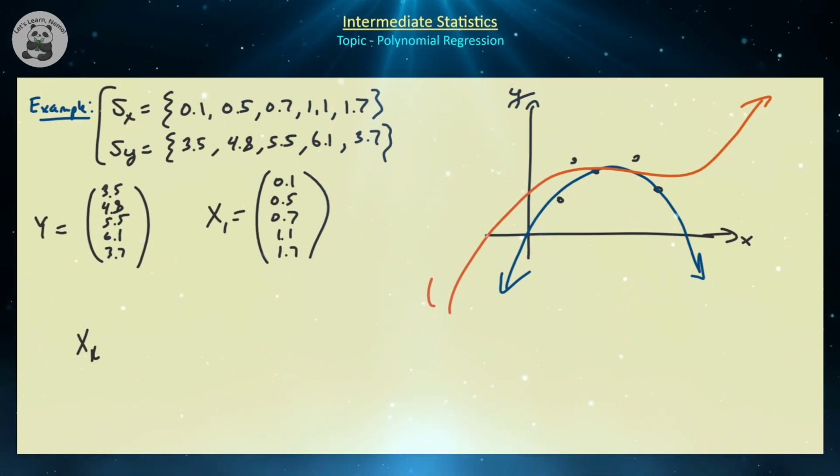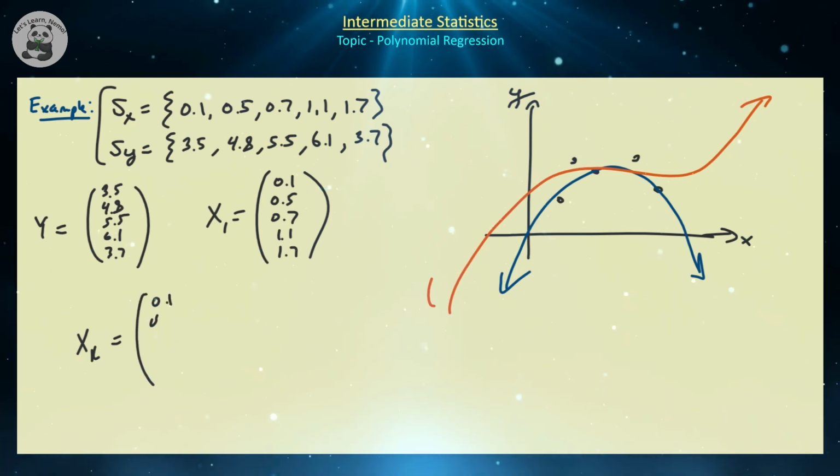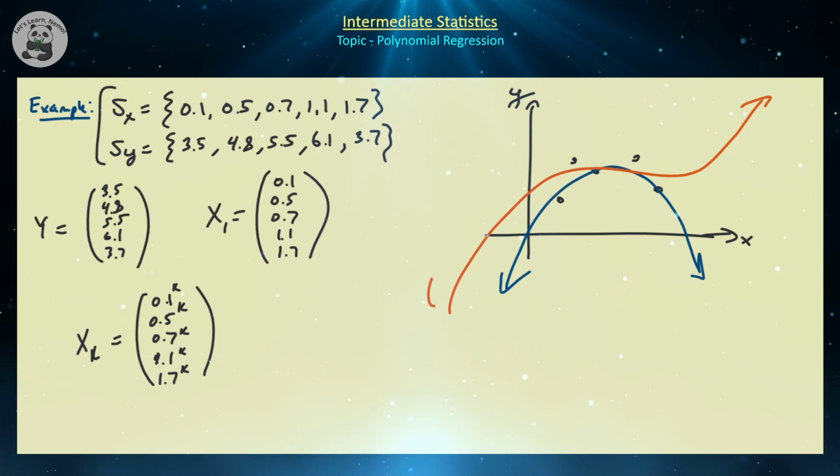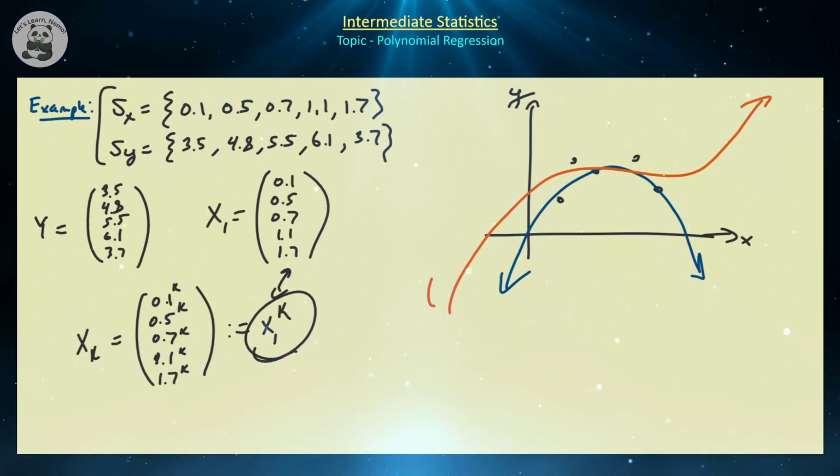And then obviously xk is going to be equal to each of those values, 0.1, 0.5, 0.7, 1.1, and 1.7, each raised to the power of k. And I'm actually just going to write that as x1 to the power of k, since we're just exponentiating each of those terms element-wise, right? And if you're working in the R programming language, defining that would work sufficiently.